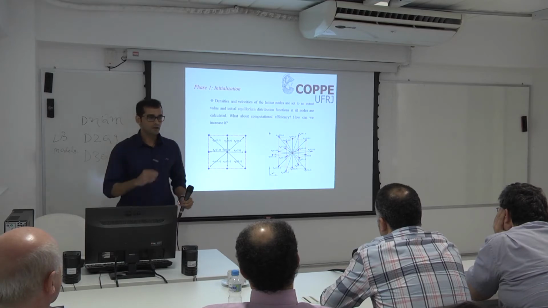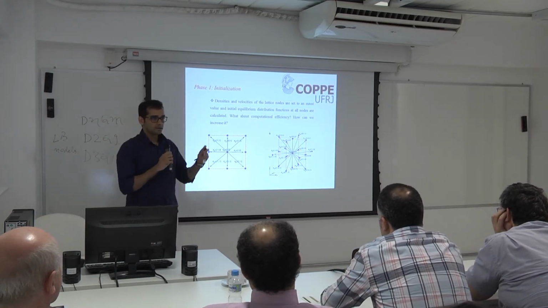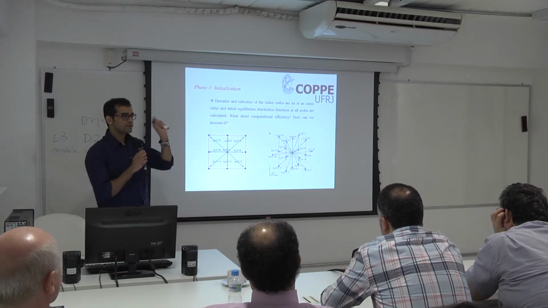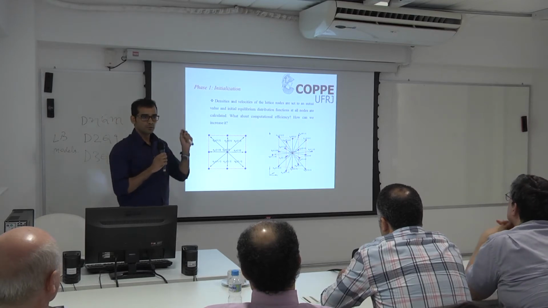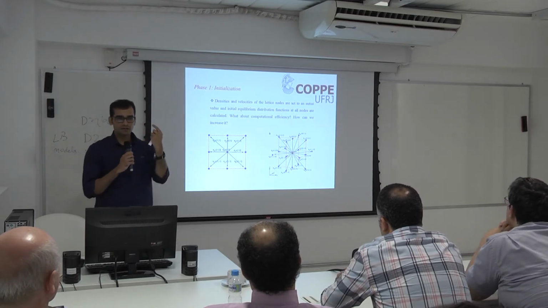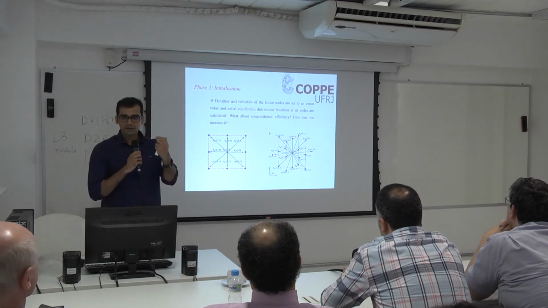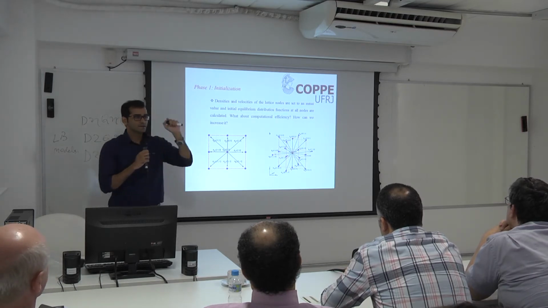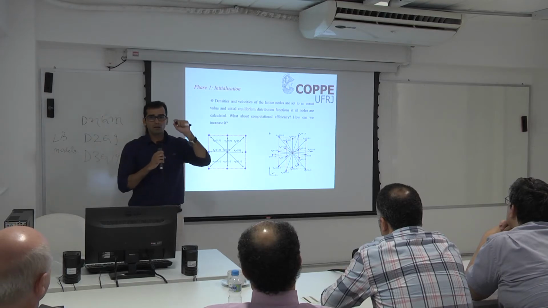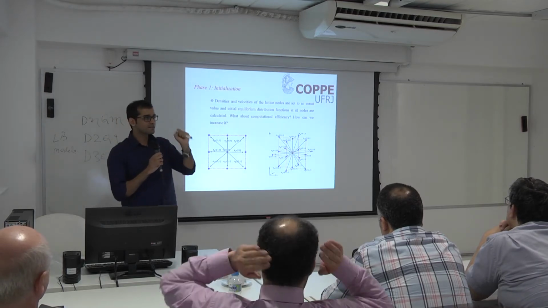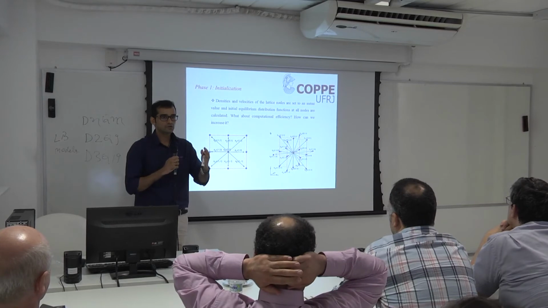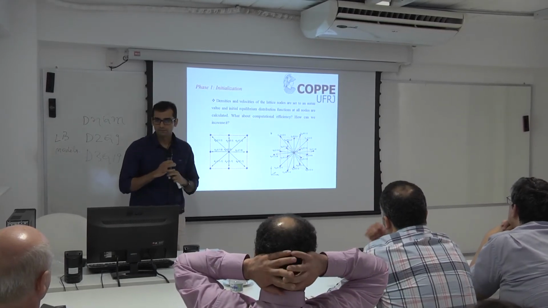Let me tell you. It depends on the relaxation time. If you put your relaxation time in the simulations equal to unity, you will have extremely high computational efficiency. Why? Because the distribution function after the collision would be exactly equal or similar to that before the collision.